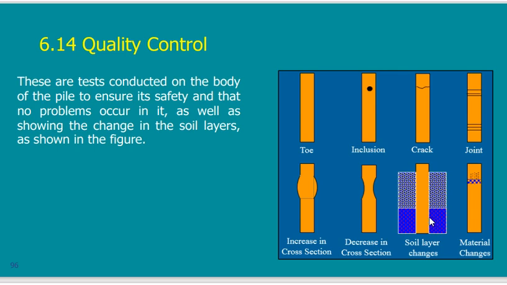This equipment can tell me the stratification of the soil that the pile is penetrating. It can tell me if there is a material change. Suppose I started casting the pile, and then I got short of material, and then I brought another concrete from another pump, and it was different.